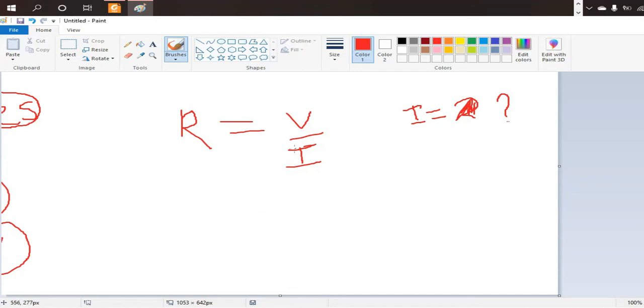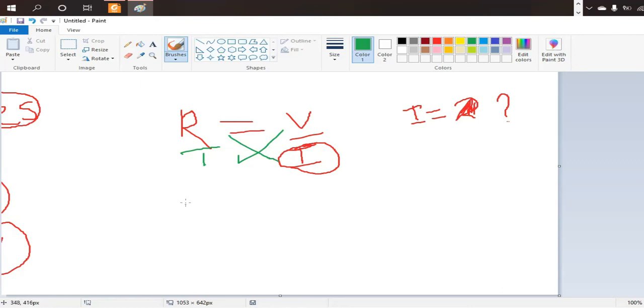So what we need first of all is to make I the subject of the formula. Using some mathematical method, we say R equals V over I. We make I the subject, then we can say R over 1 and cross multiply.